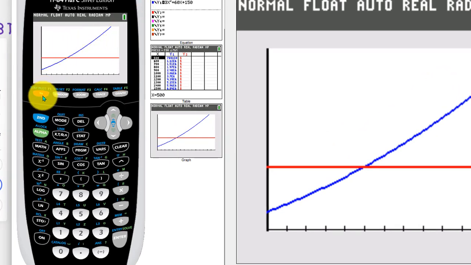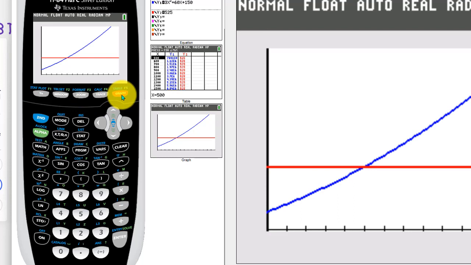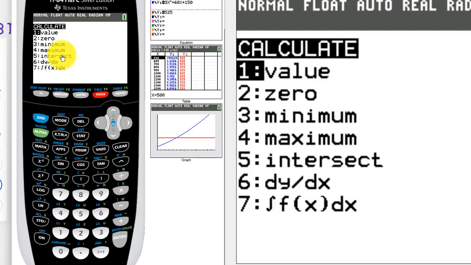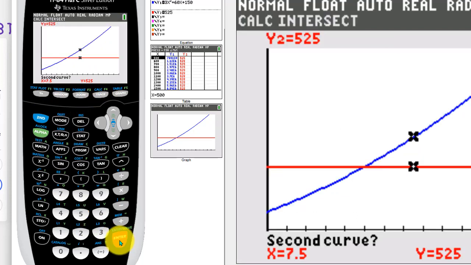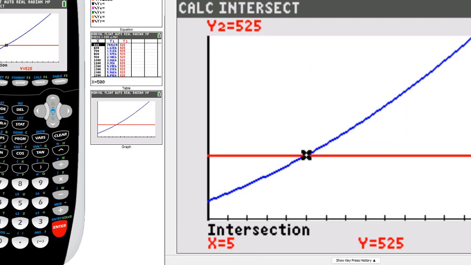Because remember, the red line is the 525. So we have to get the intersection, right? So I press second, and then the trace key, number 5, enter, enter, enter. So it looks like it takes 5 years, right? X equals 5.